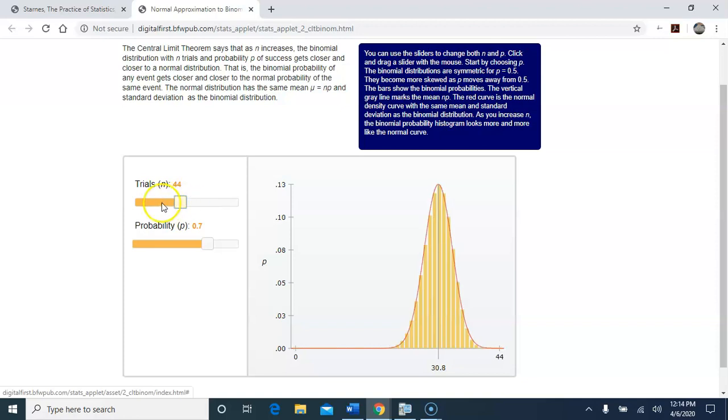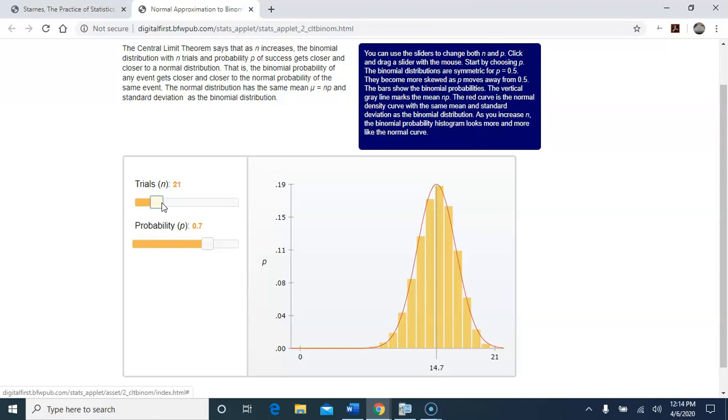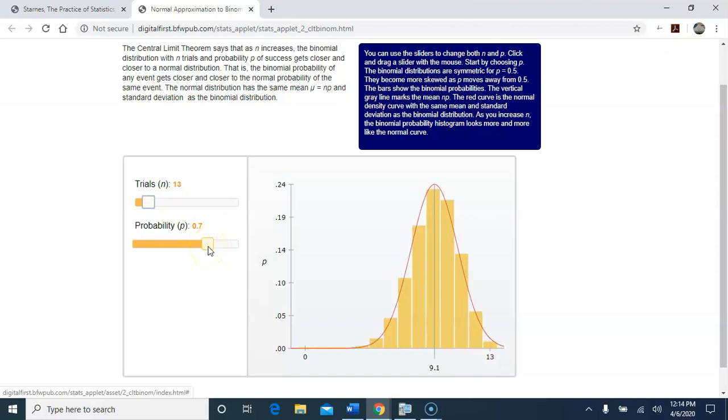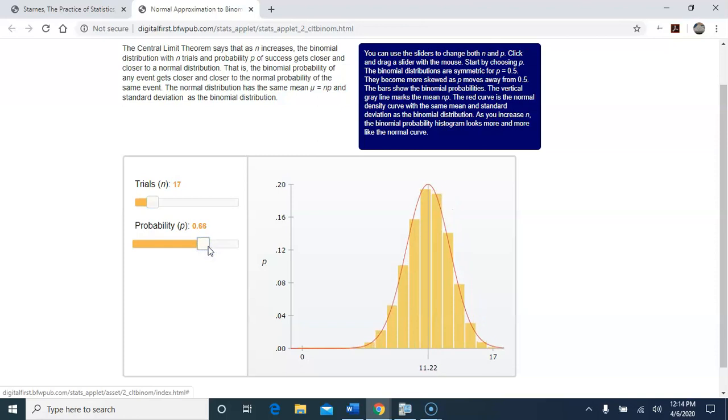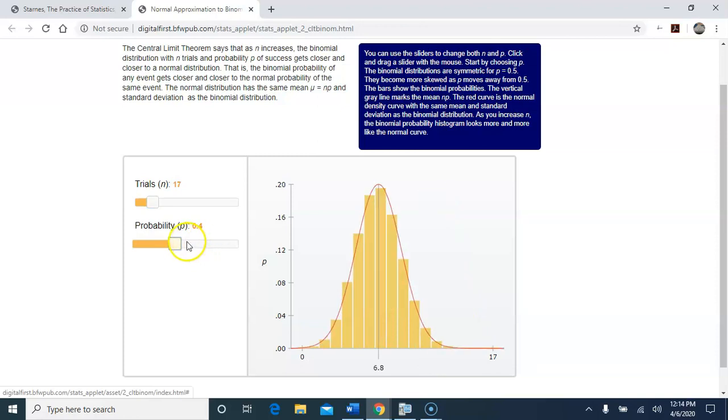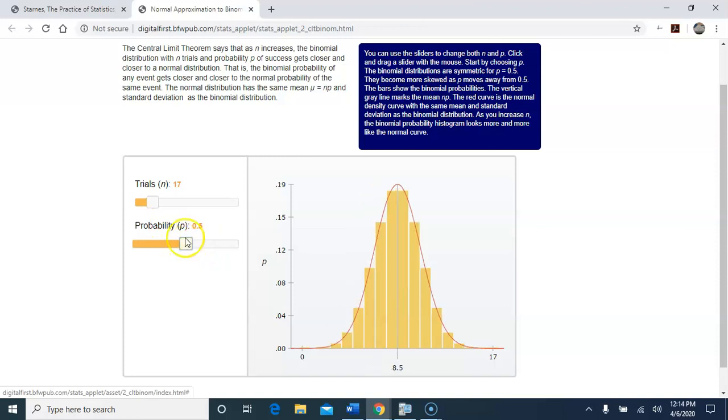So how normal is normal enough is an often asked question, and that kind of depends, that differs from one book to another. It's usually a combination of n and p that are discussed. Because for certain values of p, the sample size does not have to be very big for the distribution of binomial successes to look approximately normal.